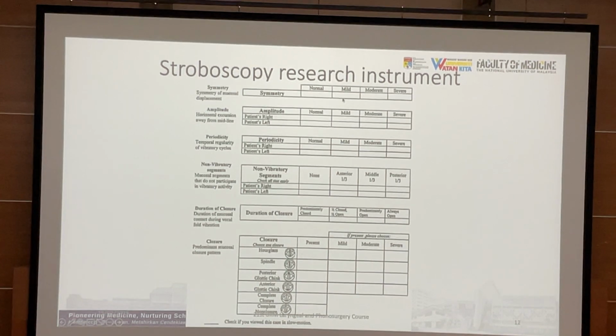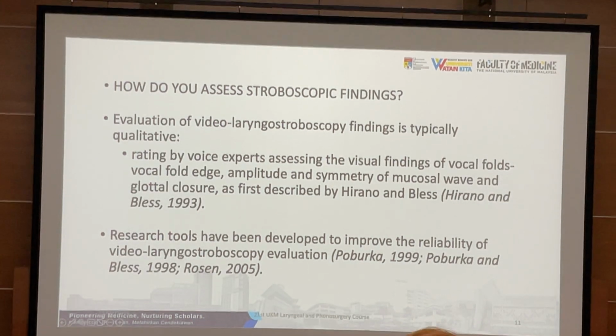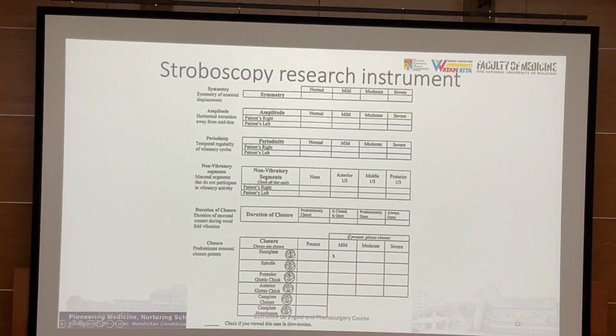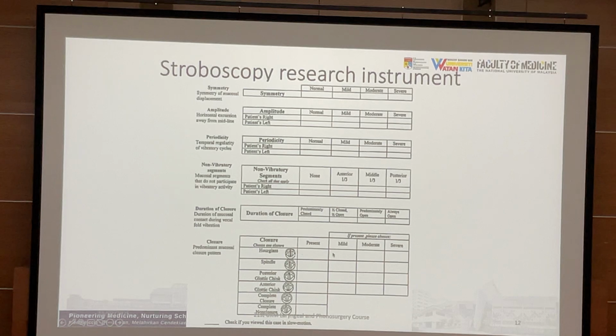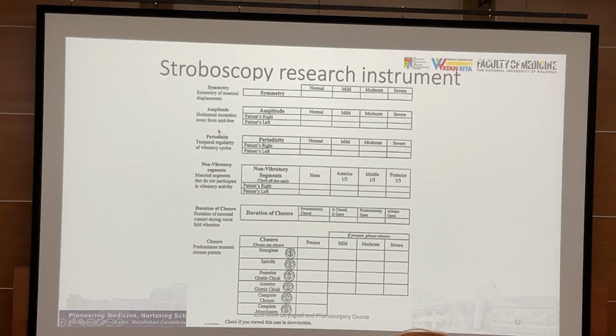There are many others, like I mentioned here, Hirano and Bless. There's another one by Poburka. There are many, but the one that, at least in our center, we use is the stroboscopy research instrument, SRI, which was developed and validated by Clark Rosen.